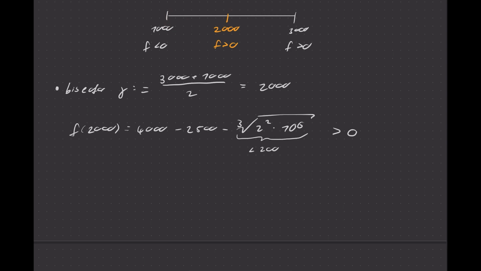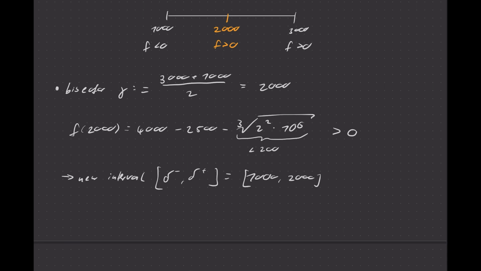So what we do now is we set the new interval by updating the right bound. We move that right bound down to 2000. So we keep this part here. So the new interval, delta minus, delta plus, is now 1000, 2000.